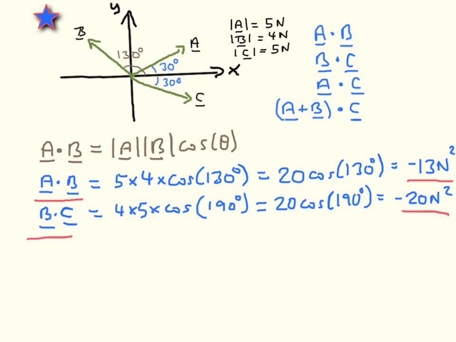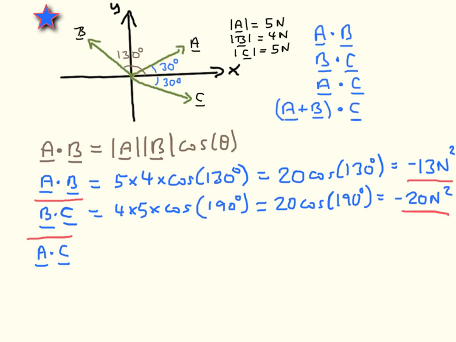The third scalar product we had to calculate is done very much in the same way, and we look at this now and we see that the angle now is less than 90 degrees, the angle is 60 degrees, so we expect this scalar product to be positive.